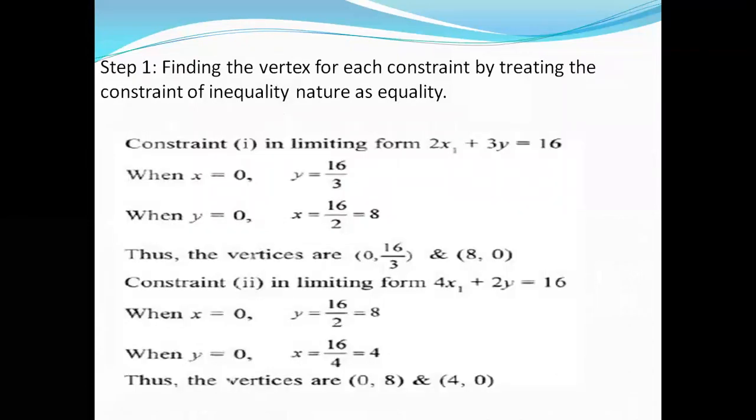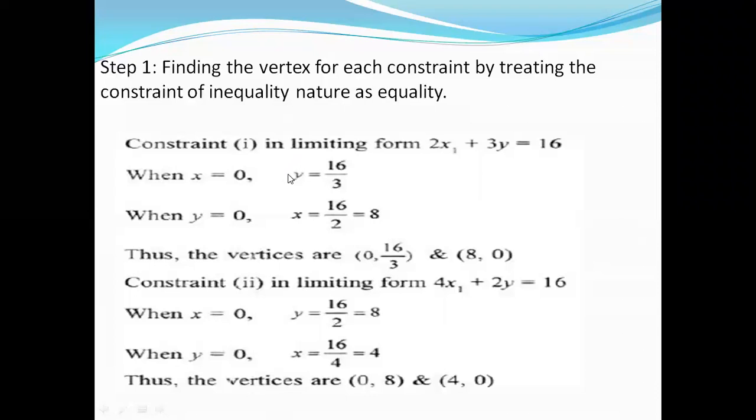Step 1: finding the vertex of each constraint by treating the constraint of inequality nature as equality. Considering the first equation, the x constraint taken in the form 2x1 plus 3y is equal to 16, substituting x is equal to 0, we obtain y, that is 16 by 3.